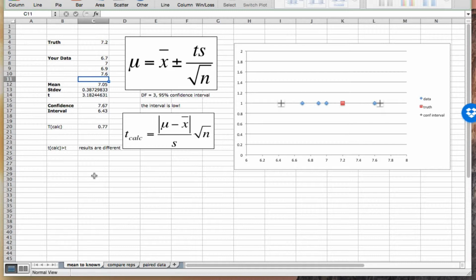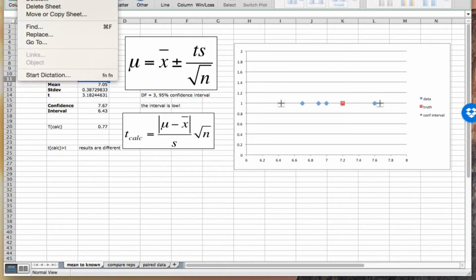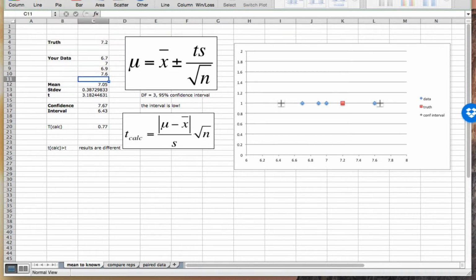My data is worse, but in this case, it looks like they could overlap with the truth. Edit, undo. So that's comparing a series of replicate measurements to one point, which we'll call the truth.